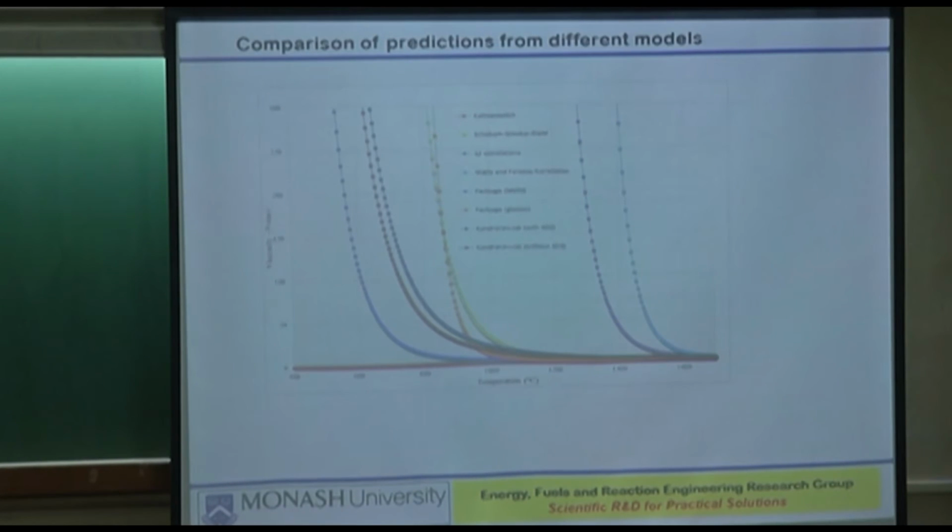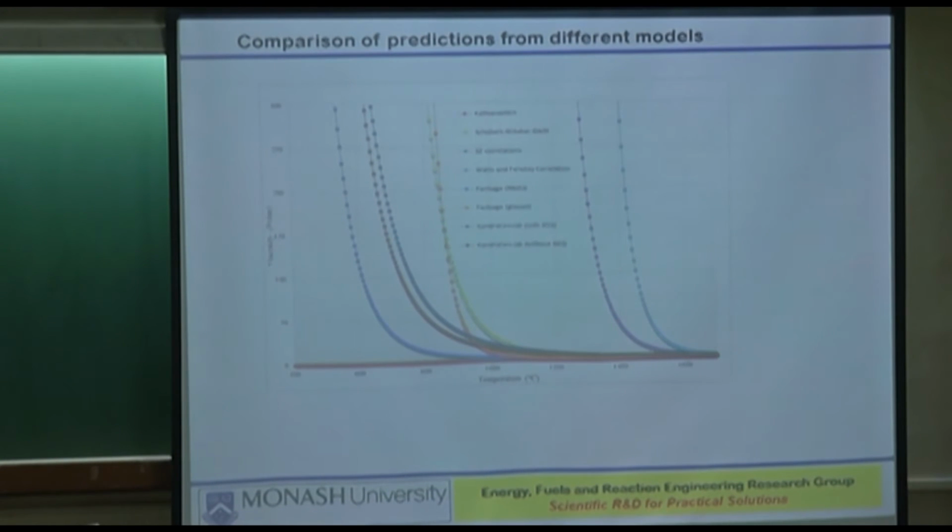So, here is a classic case for the researchers, a dilemma that you need your models. Without models, you could not come to this, but models are not everything on their own.